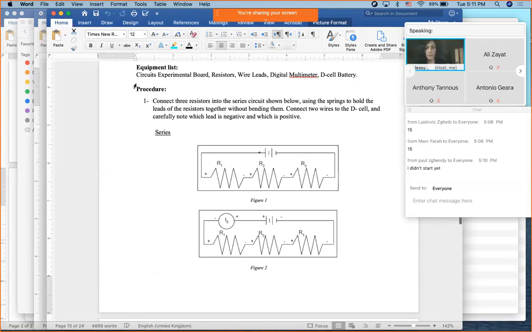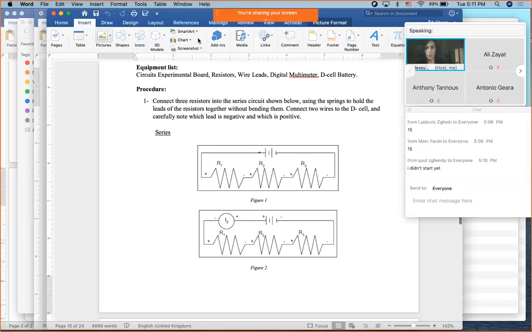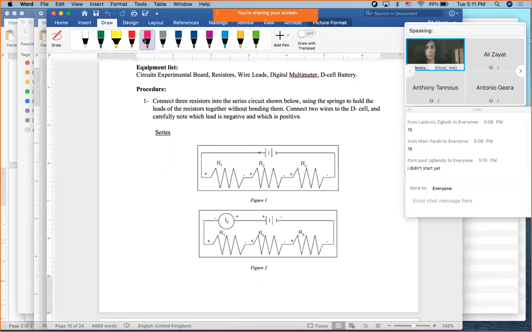All right? So let me try to draw what you need to do so I can ask you how to proceed. You are given an ohmmeter, I'm going to call it ohms. You are given a voltmeter, I'm going to call it volts. And you are given an ammeter that I'm going to draw here.